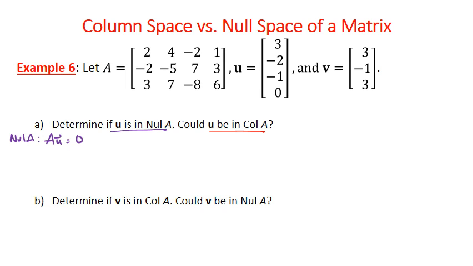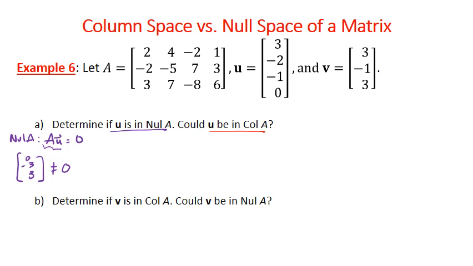I'm going to wave my hands a little bit just for the sake of time. When this is computed, we actually end up with this vector here, which is not the 0 vector.